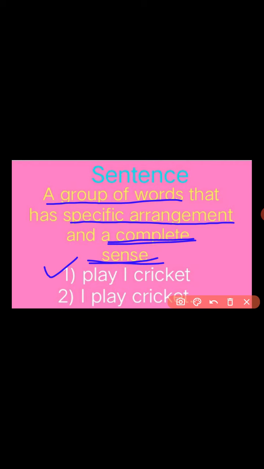Definitely no. So here the first group of words doesn't give out complete sense. It means it doesn't have a specific arrangement of the words, and so this group of words is not a sentence. What about the second? Let us read.